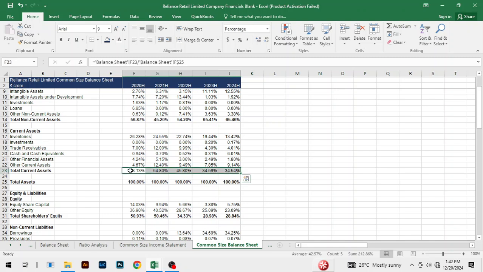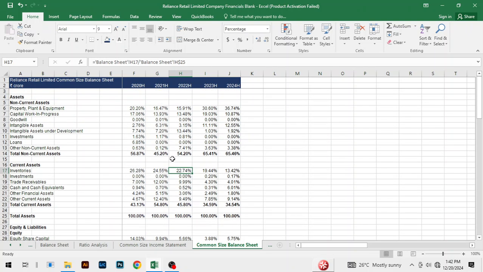So it's actually a good thing as well. And the company is not keeping much inventory, which means they've got faster selling products and all that, and a good inventory management system as well.